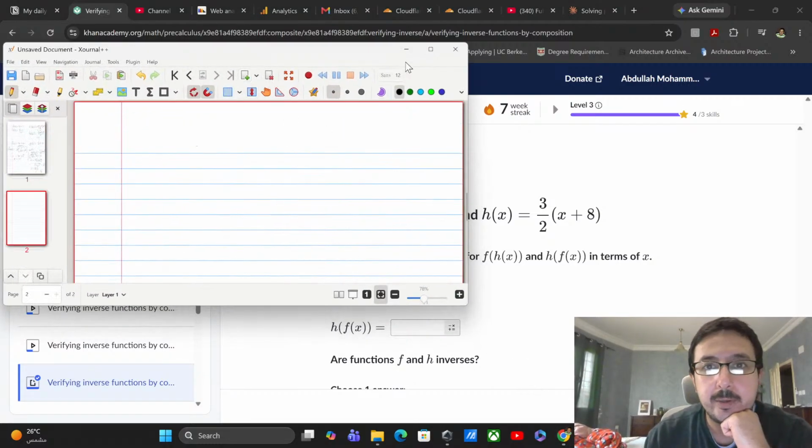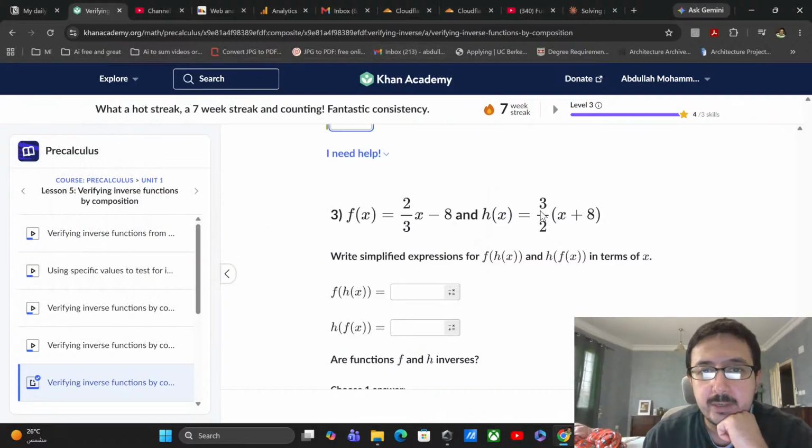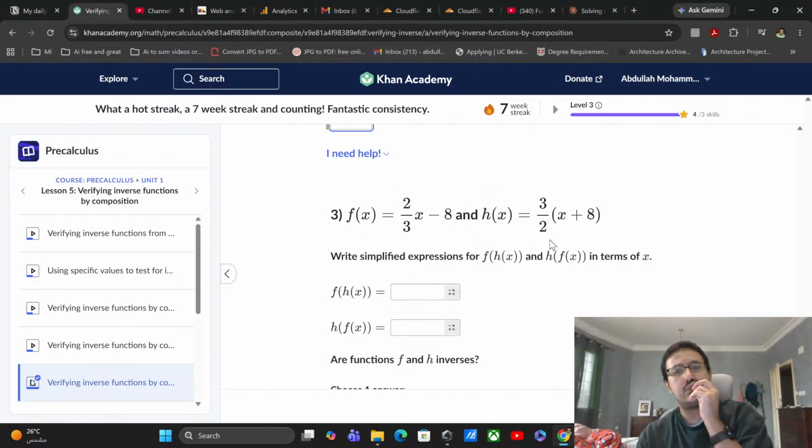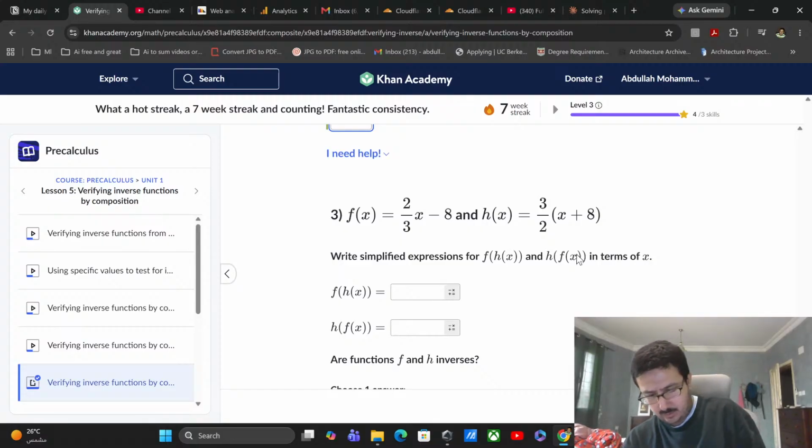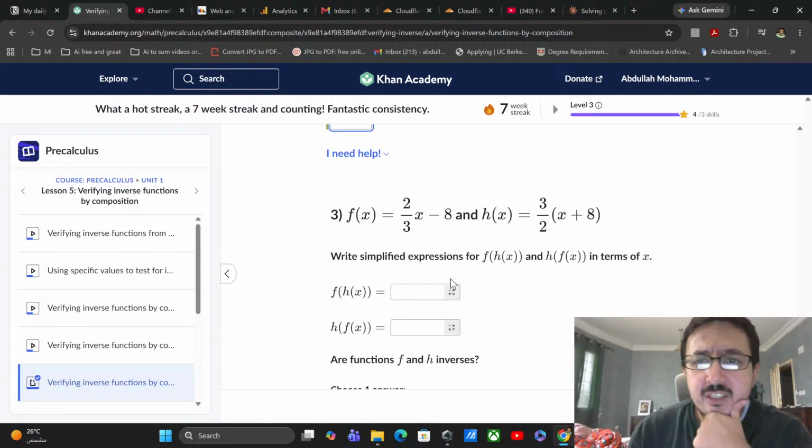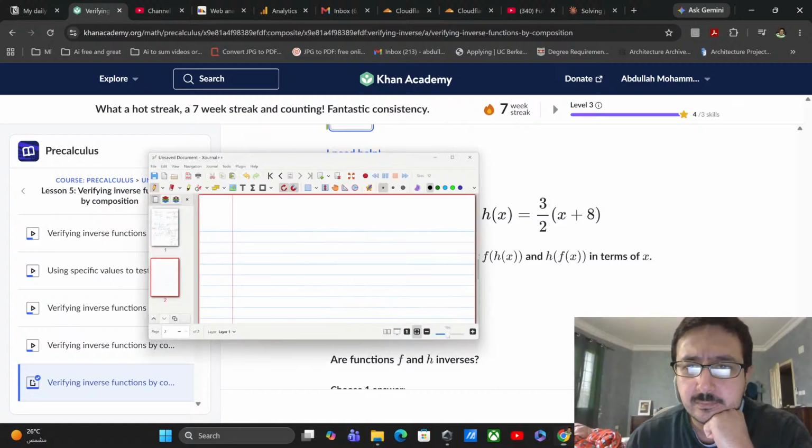Give me a new paper. Write simplified expressions for f of h of x and h of f of x in terms of x.